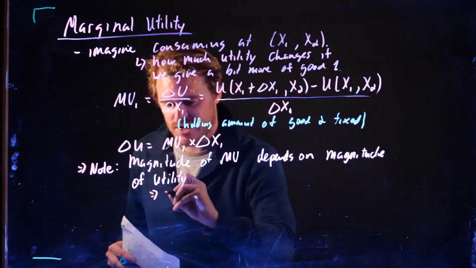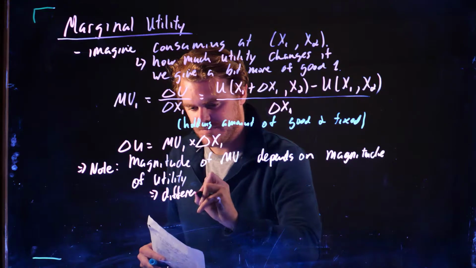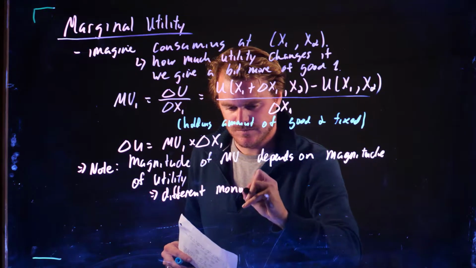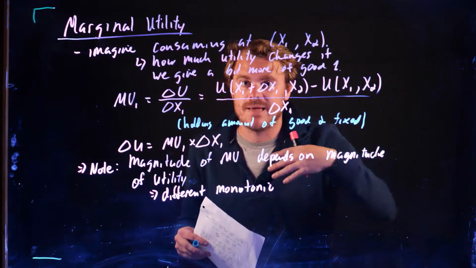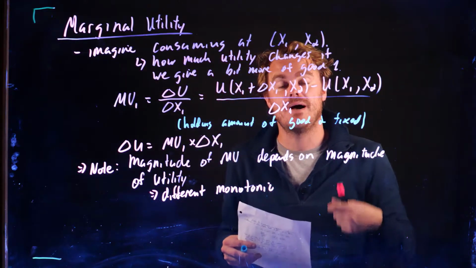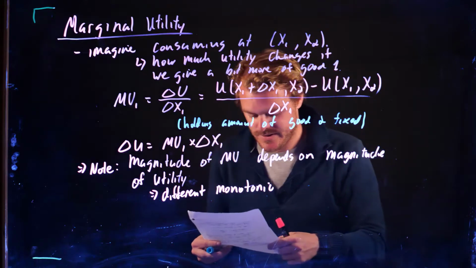So different monotonic transformations, which represent the same preferences, will produce different amounts of marginal utility.